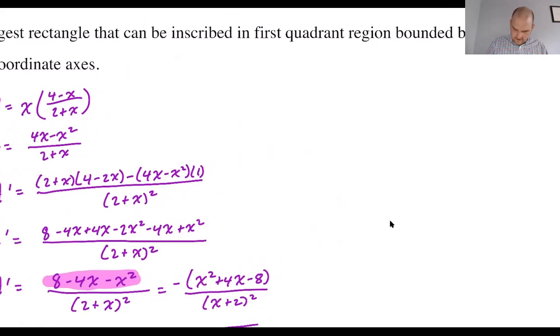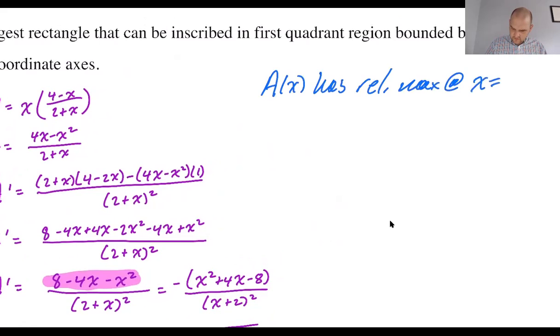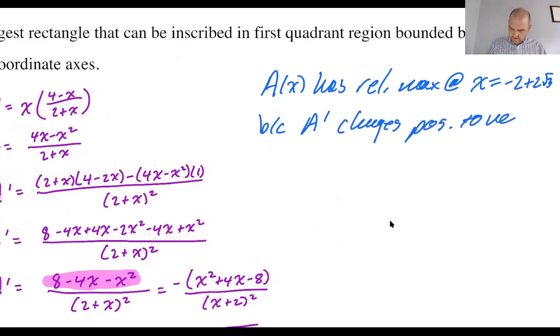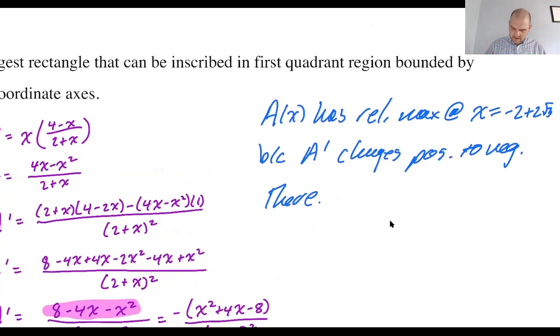So A of x has a relative maximum at x equals -2 plus 2 root 3. And then you've got to say why. Because A prime changes from positive to negative there. Okay, relative maximum, that's fine.